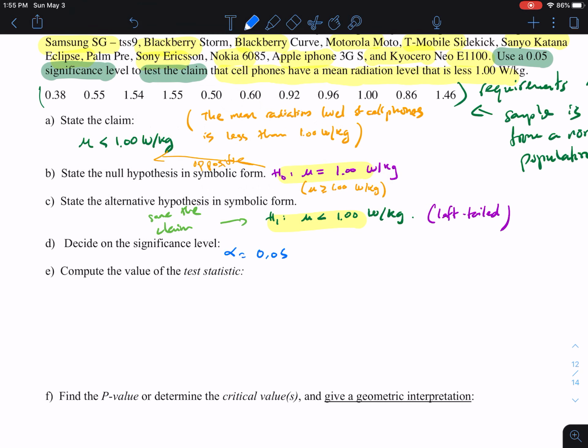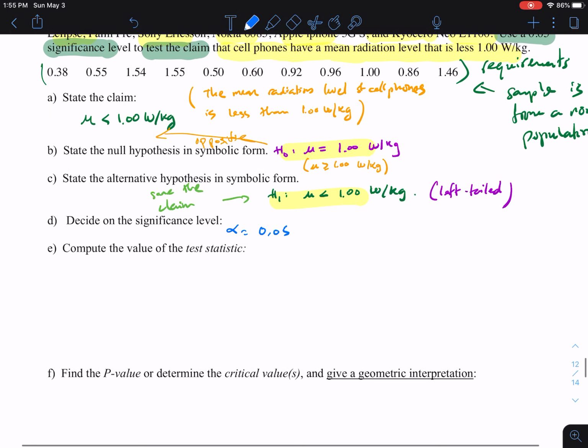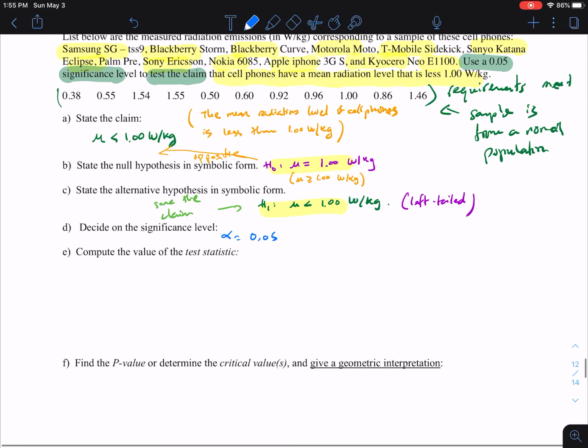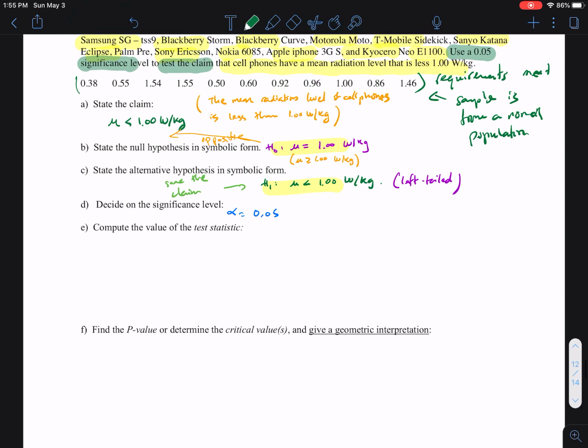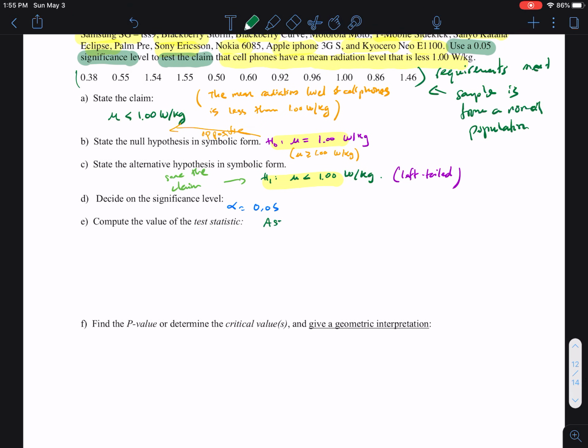If not, use 0.05. When we do the test statistic, we start with the assumption that H naught is true. Suppose the null hypothesis says that the mean radiation level for cell phones is around 1.0 watt per kilogram. Suppose that's true, then we draw a random sample from it.